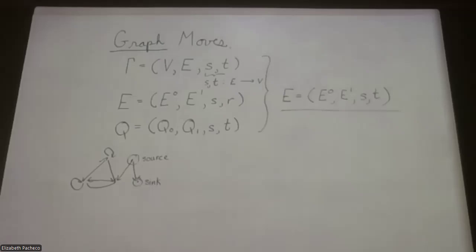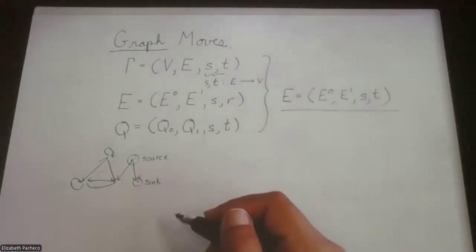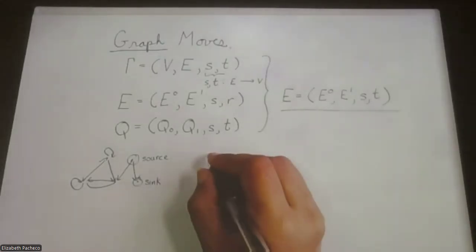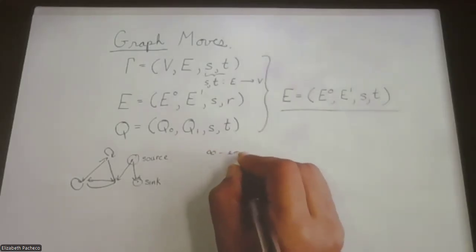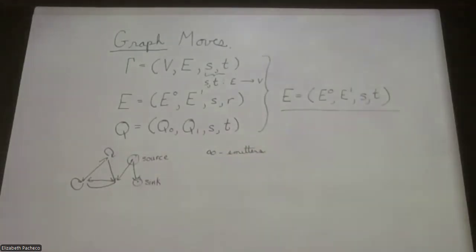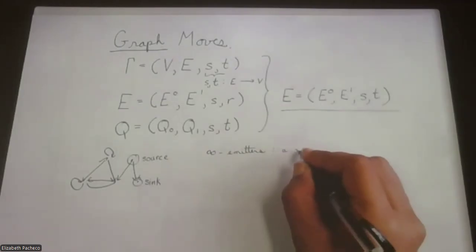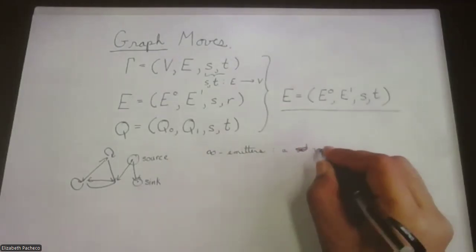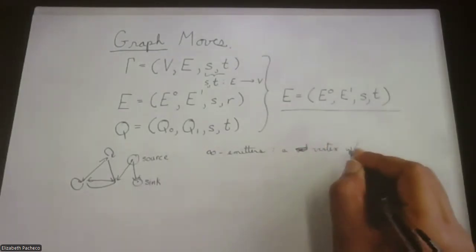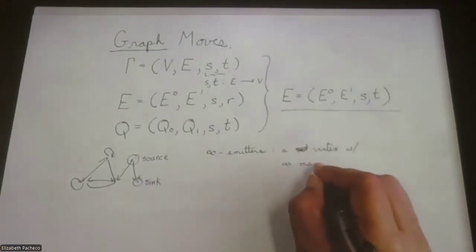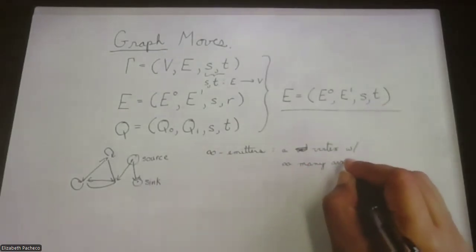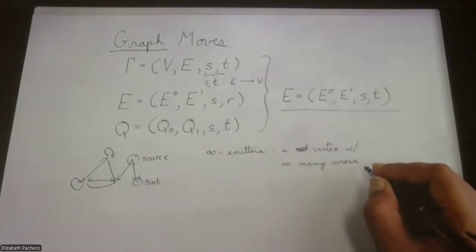And there are things that I dare not picture here, but you can have infinite emitters, which I like how I'm inconsistent and I switched back to cursive. That's fine. Infinite emitters are a vertex with infinitely many arrows coming out. I'm just mentioning its existence, honestly.